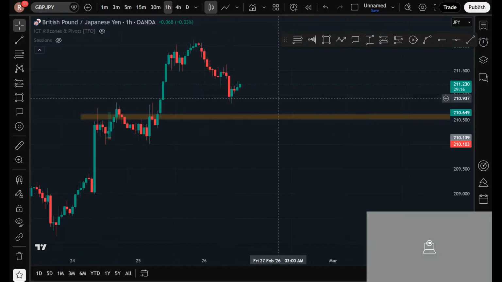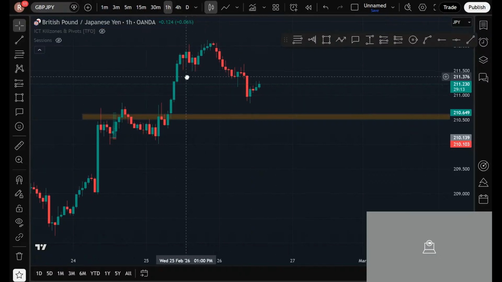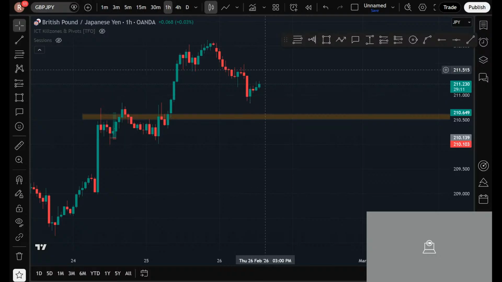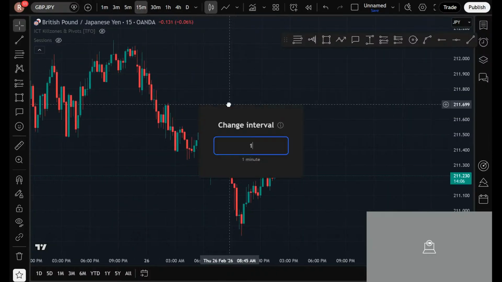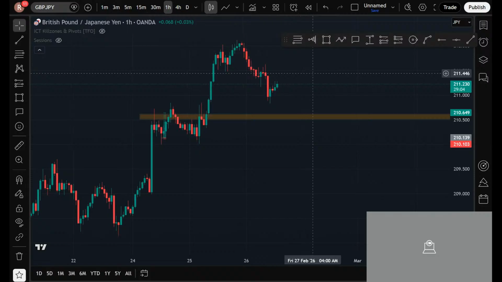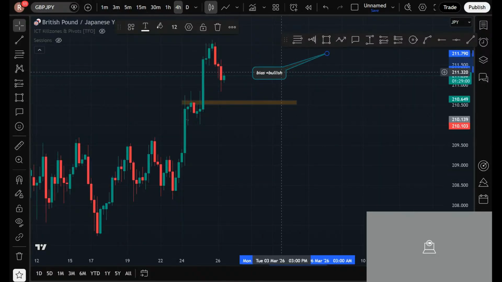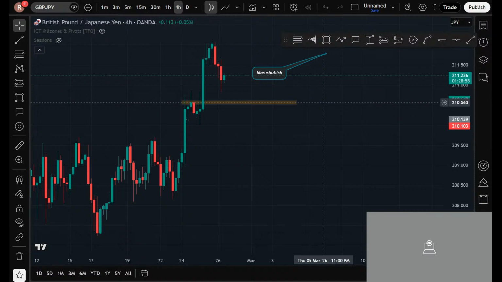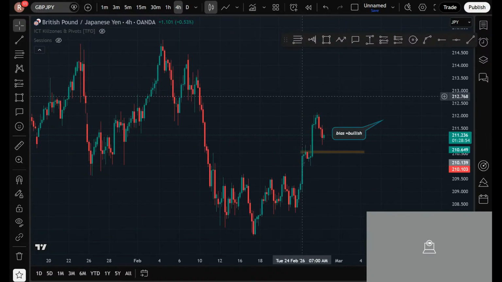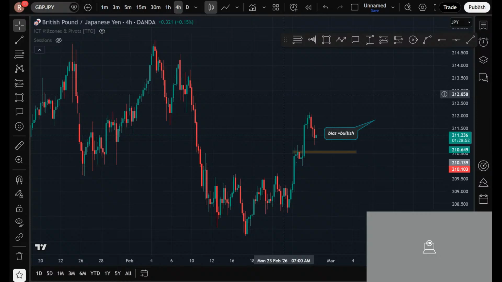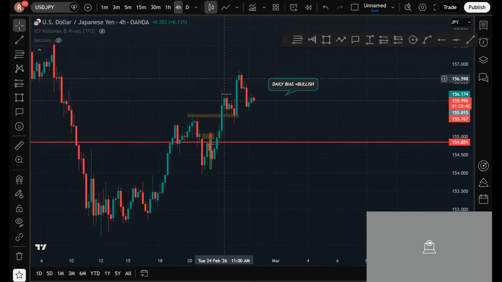When I drop down to hourly time frame, I can see sellers taking control over buyers. But is there any area where, higher time frame bias is bullish, lower time frame, yeah, we can enter for a short trade, but it will be risky as going against the trend is completely risky.